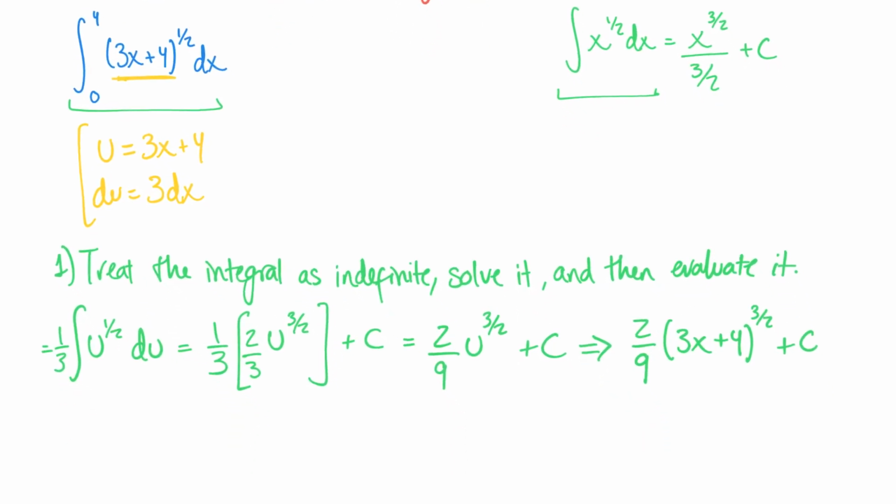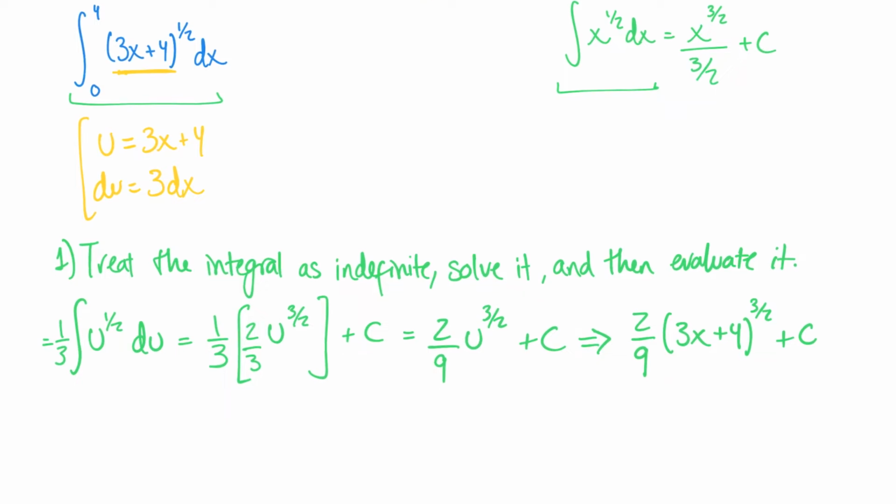Now, initially though, I had a definite integral, so I cannot have this c right here. No problem. Now that I solved the integral, I evaluate. All of this is going to be evaluated between 0 and 4.